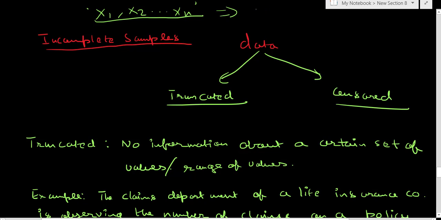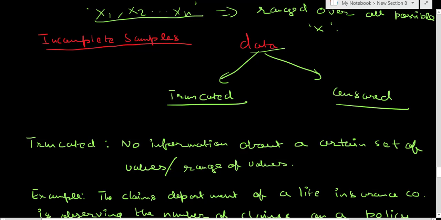So this ranged over all possible values of x, right? But now a certain thing can happen, that we can also have incomplete or truncated or censored samples.